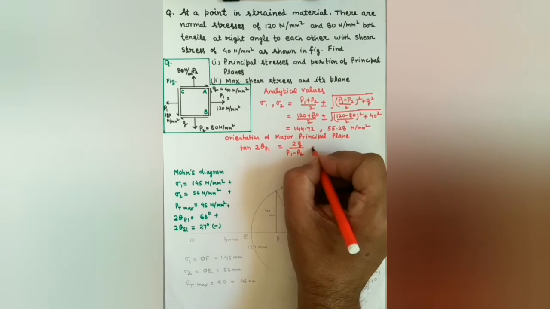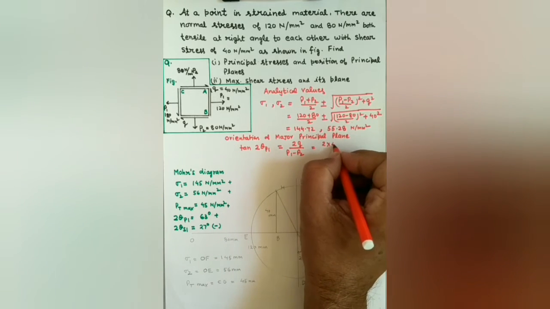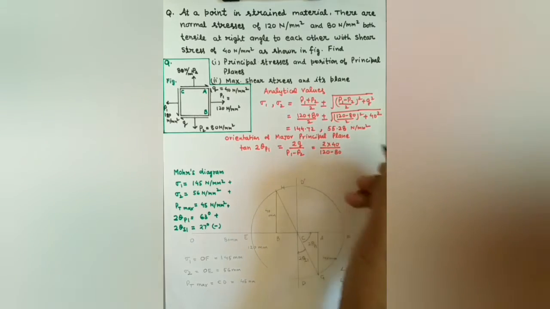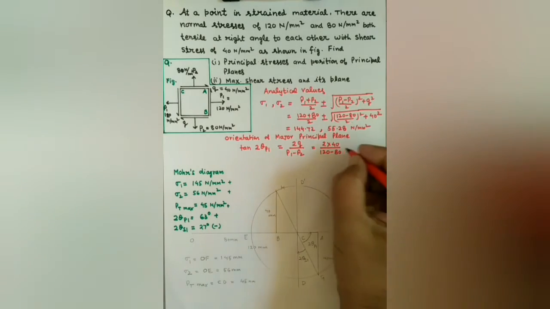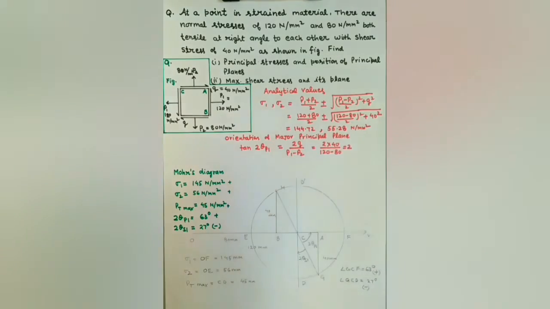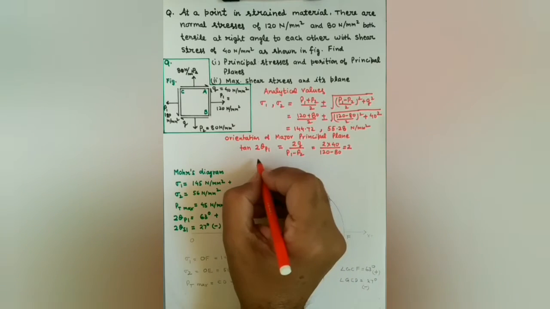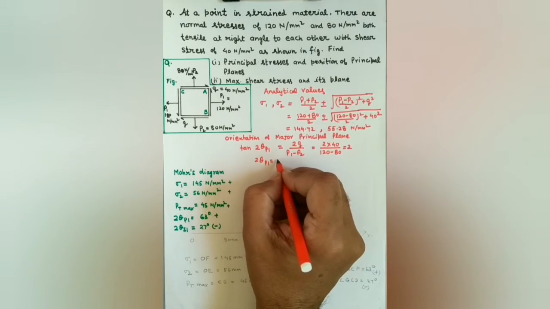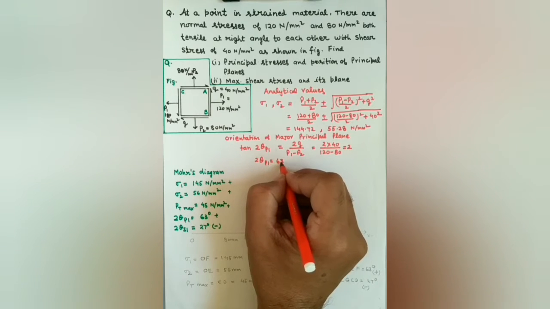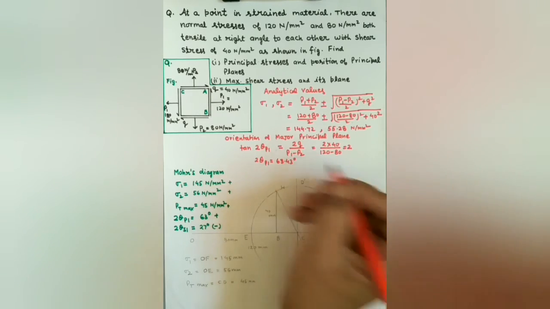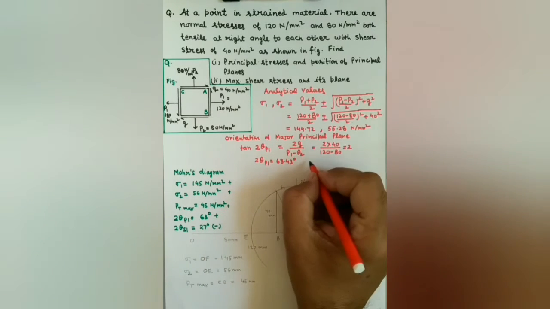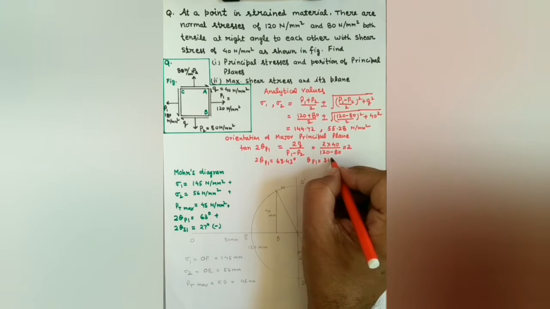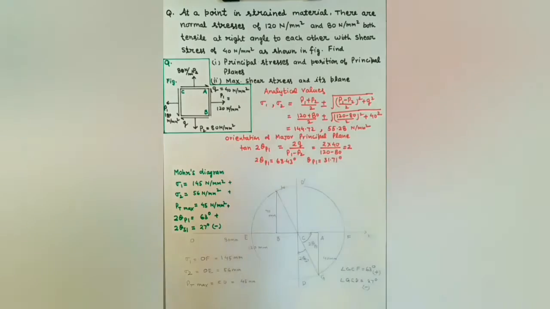So it is rememberable that on Mohr's diagram, twice the angles are measured and we rotate the plane by twice its magnitude. So 2Q by P1 minus P2 is 2 into 40 by 120 minus 80, which comes 2. So tan inverse of 2 gives 2 theta P1 is equal to 63.43 degrees. So this gives value of theta P1 is equal to 31.71 degrees.